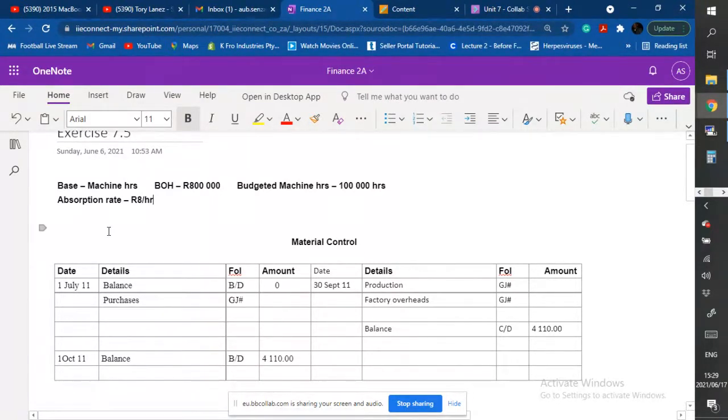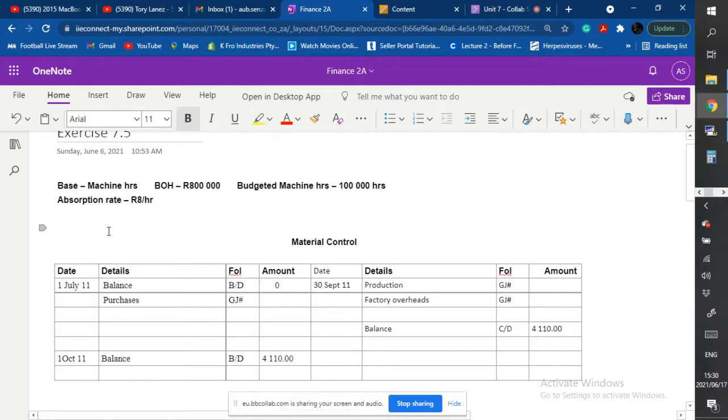Then they tell us that project Greenwood 50 units. So that project we made 50 units. Project Northwood 100 units. Project Southwood 100 units were completed and sold as follows. So all units were sold at cost plus 50% markup.